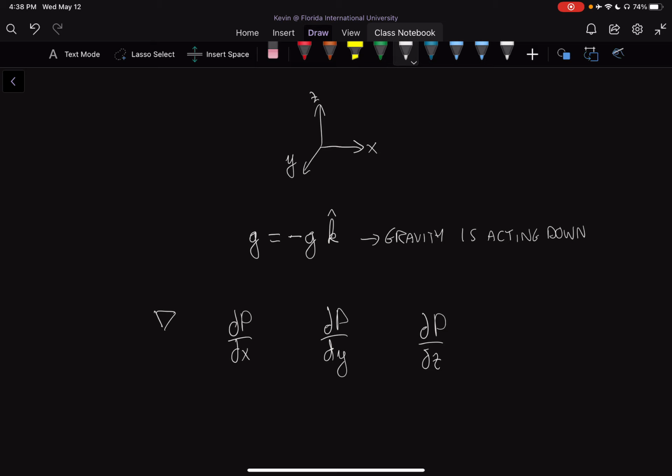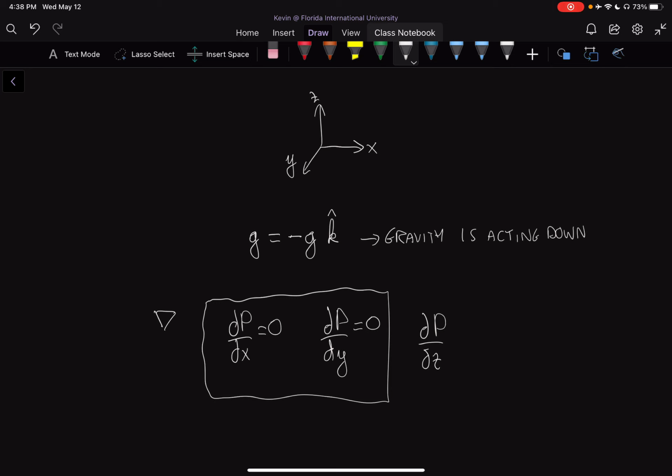Try to think about it. If there's no acceleration, then there's no difference. There's no acceleration other than with gravity. Gravity is only acting in the k, or z, direction. So this is going to be equal to 0, and this is going to be equal to 0. So these two are equal to 0 when the fluid is at rest.